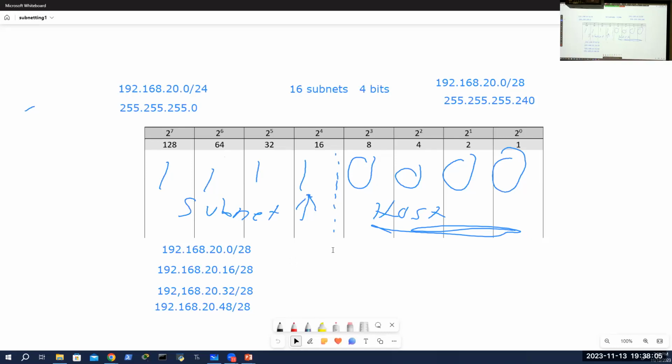So what are our possible host addresses here? What's the first possible host address in this one? So in the 20.0 subnet, what's our first? Dot one. It's always just turn on the rightmost bit, which will always be the 1 bit. All right, so that's our first.